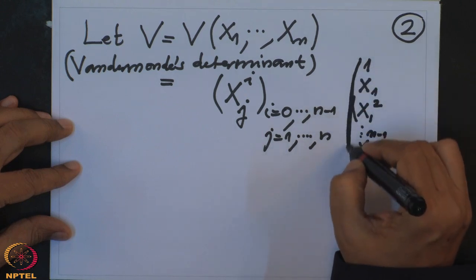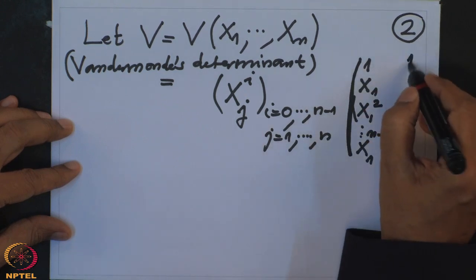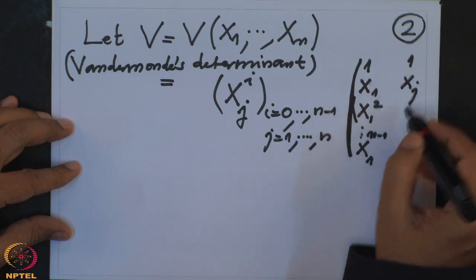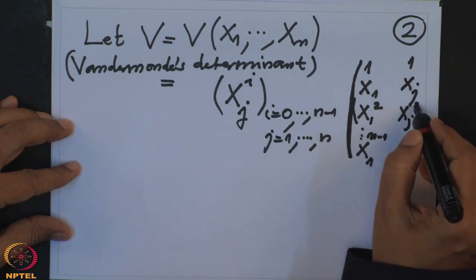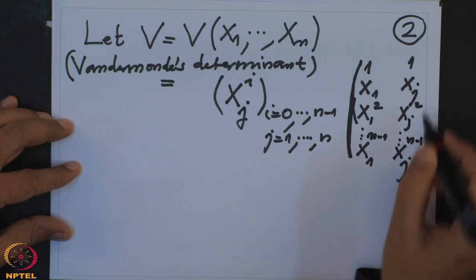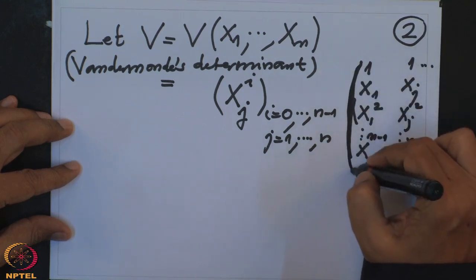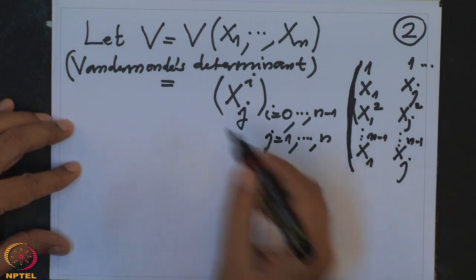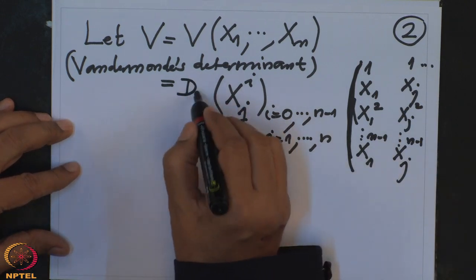This is the first column. The jth column will be 1, xj, xj square, etc., xj^(n-1), and so on. This is a big matrix, an n cross n matrix, and therefore the determinant of that makes sense.